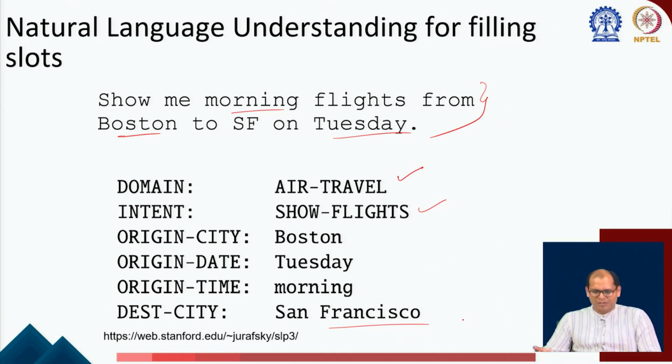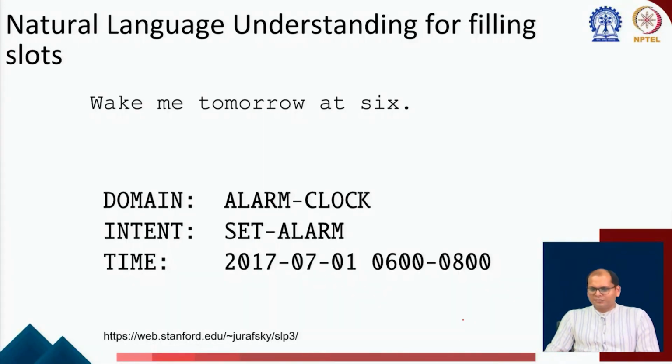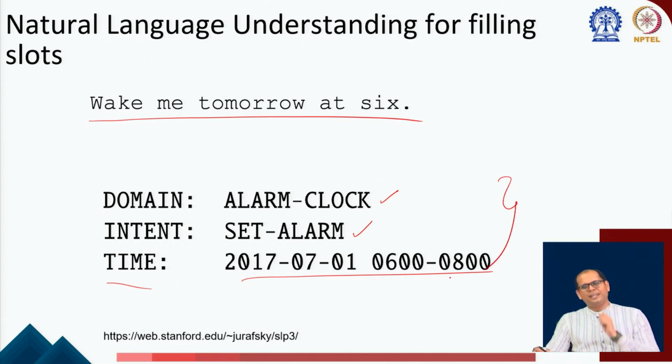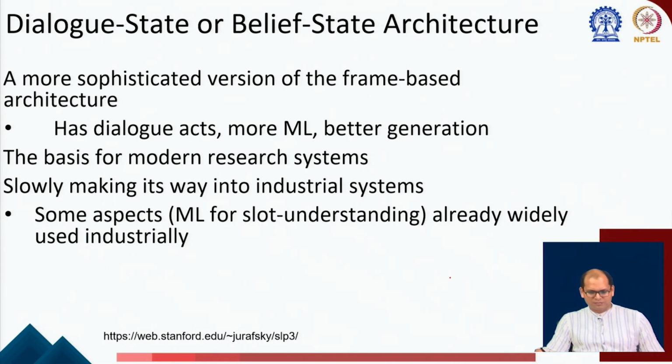If you do not have the slots filled, you will ask a question to get the slot filled. If you have the slots filled, you will do a recommendation. Similarly here, "wake me tomorrow at 6." The domain is alarm clock, the intent is set alarm, and the only thing is time here, so you get the time. And yeah, you have actually extracted domain, intent, and all the slots.